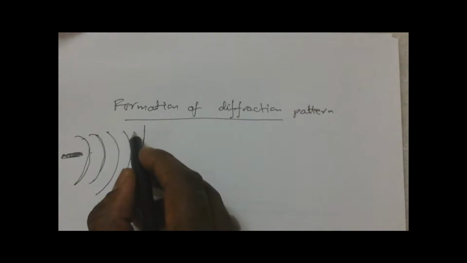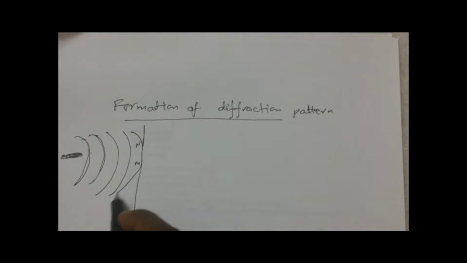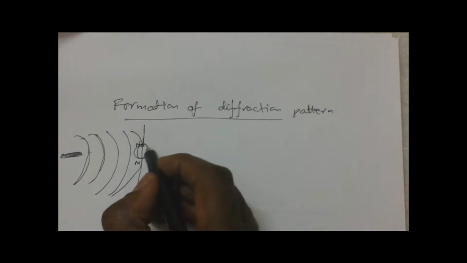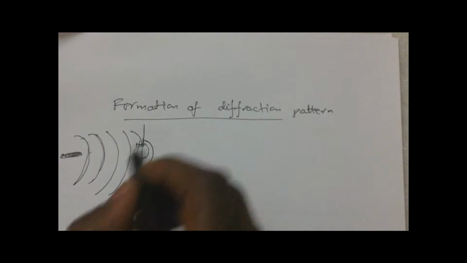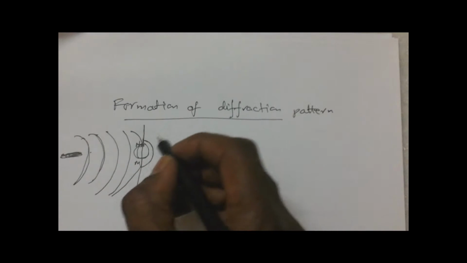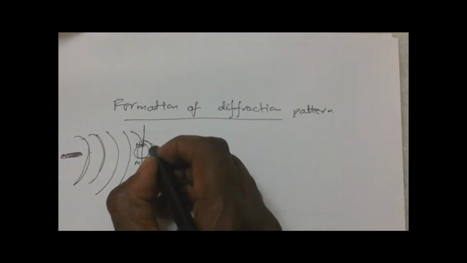These wavefronts fall on the slit, and after falling, spherical wavefronts emerge out from the slit. So from the slit we again get a spherical wavefront.